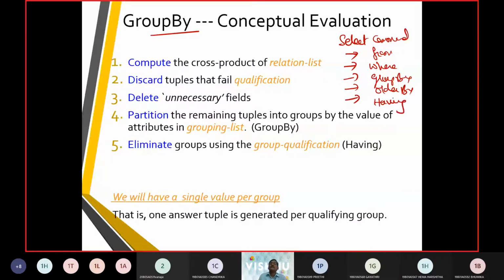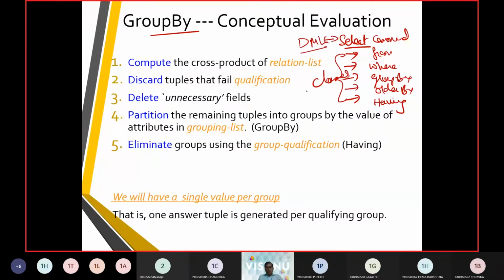These are some of the basic clauses mostly used with group by in our select command, and the select command is a part of the data manipulation language.